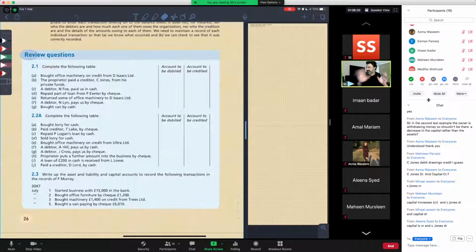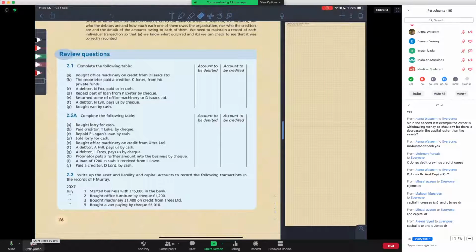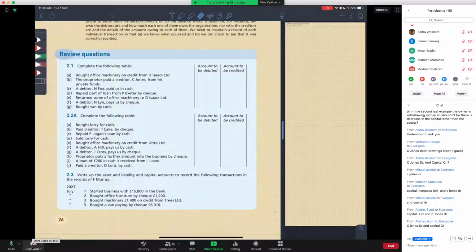You just put your answer to transaction B in the chat and carry on with the rest of the question. Jaldi se, within 5 minutes. We have just 10 minutes left in the lesson. I want to discuss something else before we wind up today's lesson. जल्दी से within the next 5 minutes आप अपना ये question attempt कर लें. ये worksheet Google Classroom में classwork tab के अंदर already पड़ी हुई है.